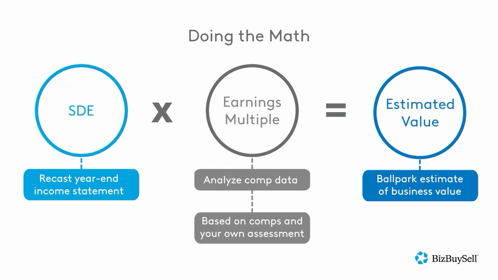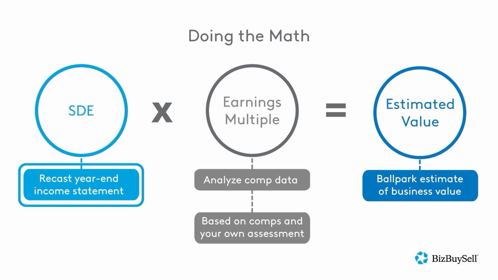Doing the math. This is the easy part of estimating value using the market approach. You have analyzed comparable sales data and learned the multiples achieved by recent sales of businesses similar to yours. Based on market comps and your own assessment of the condition of your business, you have estimated the multiple to use when roughly estimating your business value.